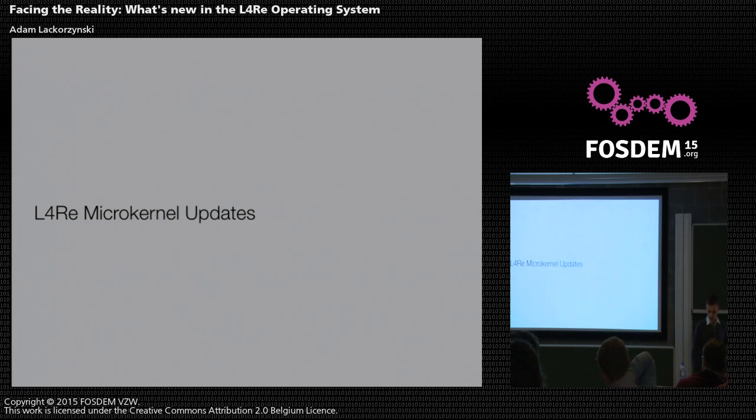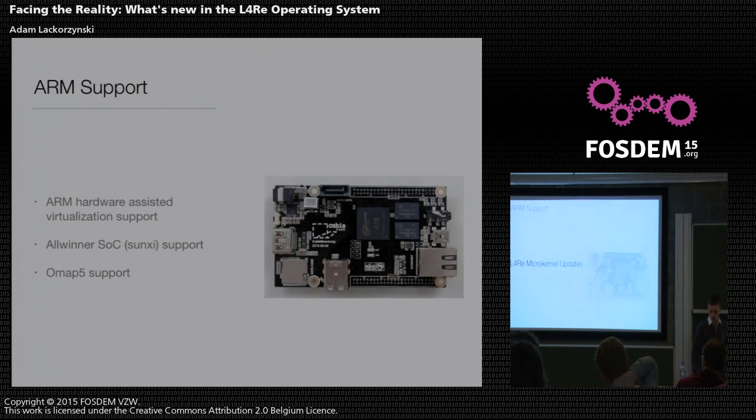So we started at the lowest layer with the microkernel. On the ARM side, we added hardware-assisted virtualization support. I will come to that later and tell you a little bit more about it. And we added support for a new system on a chip to Fiasco.